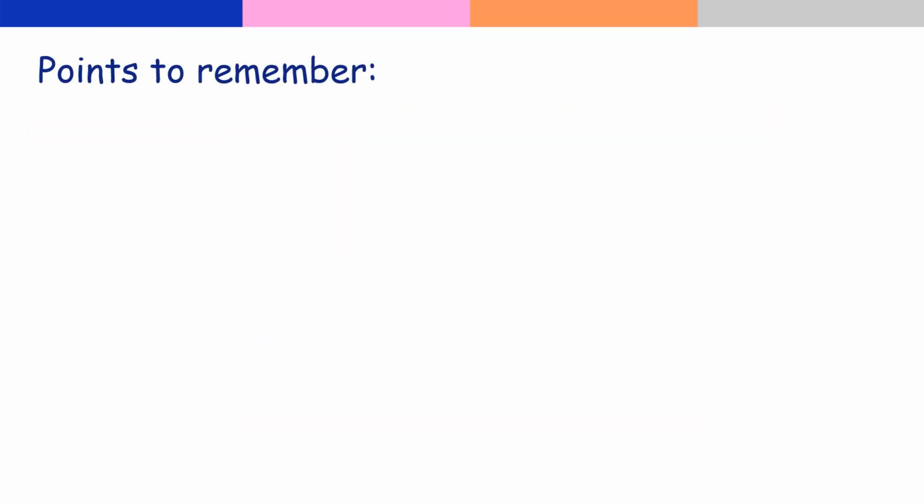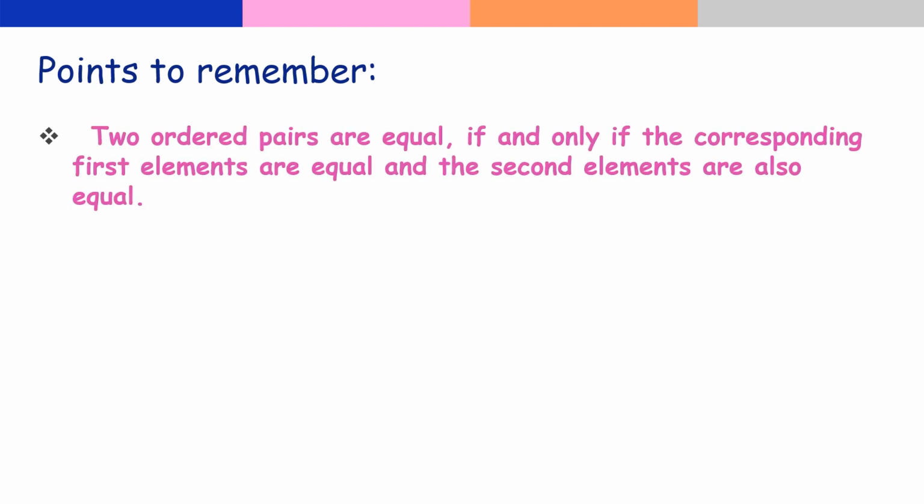Now we have understood what a Cartesian product is: just multiplication, and we write it as an ordered pair. A few points you need to remember about ordered pairs. One is, two ordered pairs are equal if and only if, and if and only if means the vice versa is also true. If this is true, the other one is true; if the other one is true, this is also true.